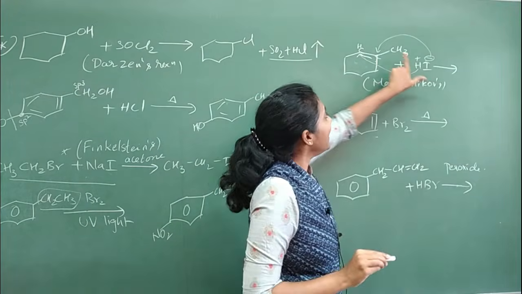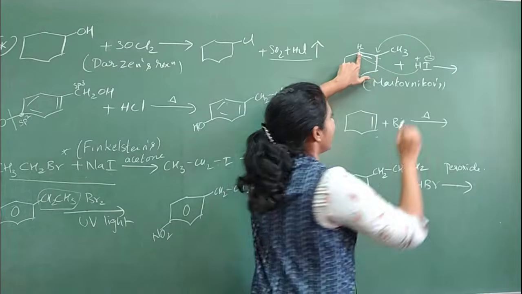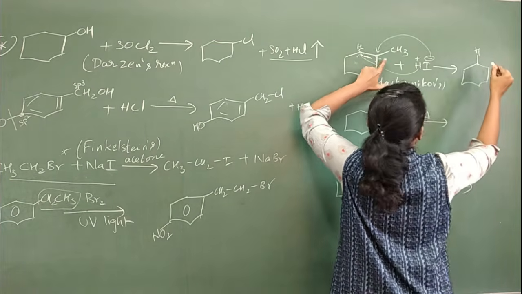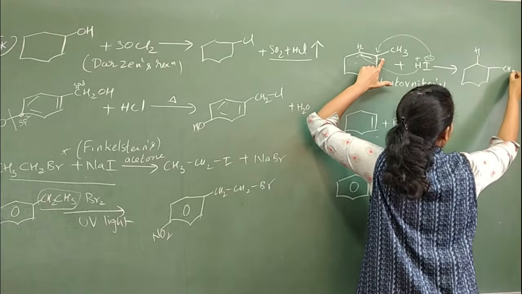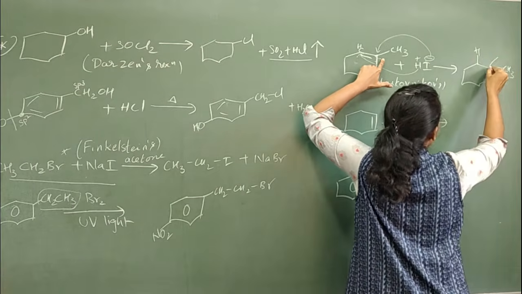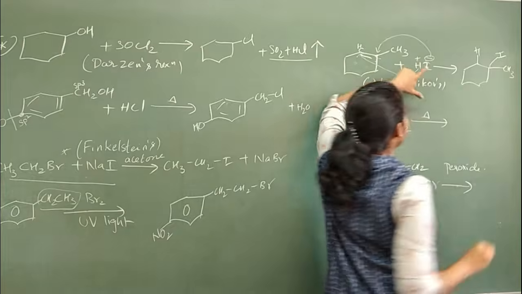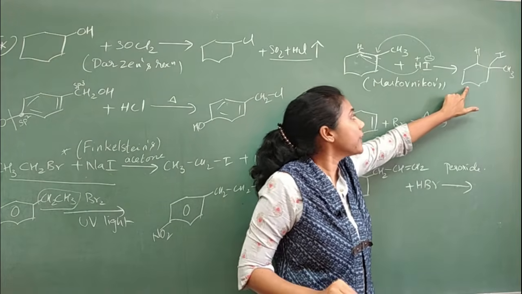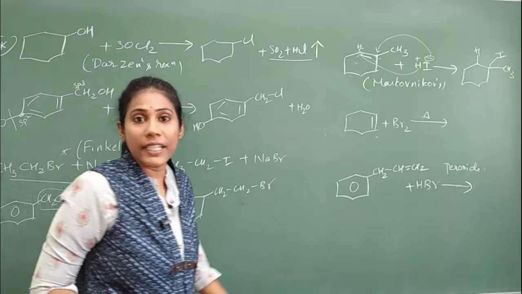So if you add iodine here and H here, what is the product you are going to get? Here you will get H, and here already one CH3 group is there. So another bond you will put and you show it with iodine. Okay, so this is the major product that you are going to get according to Markovnikov's rule.